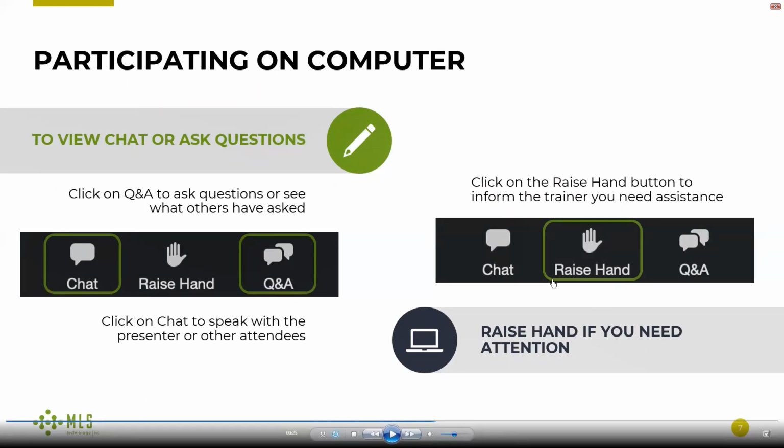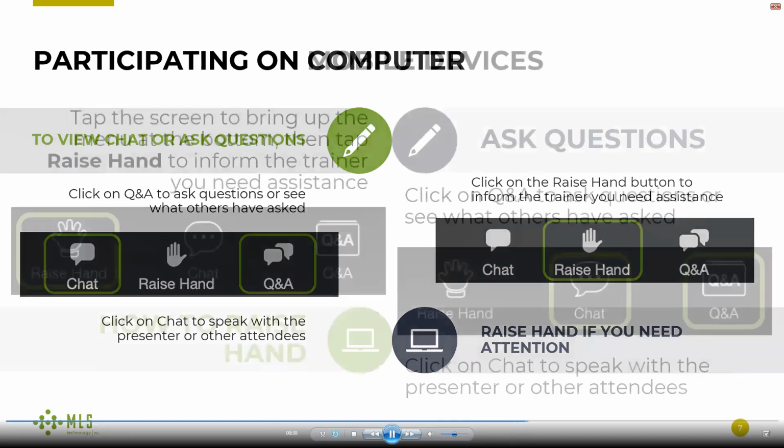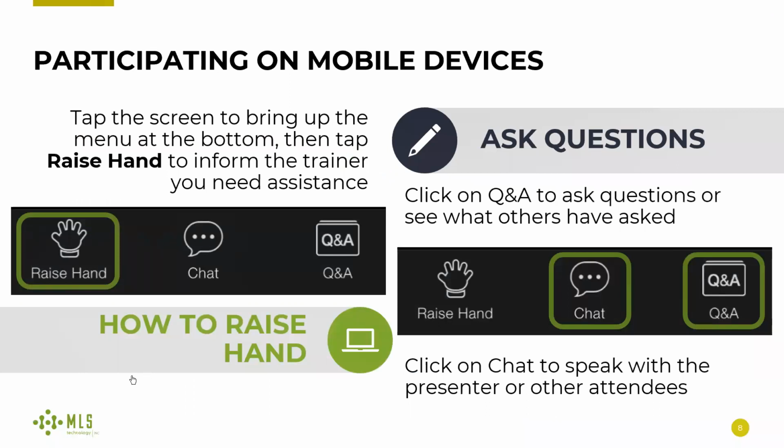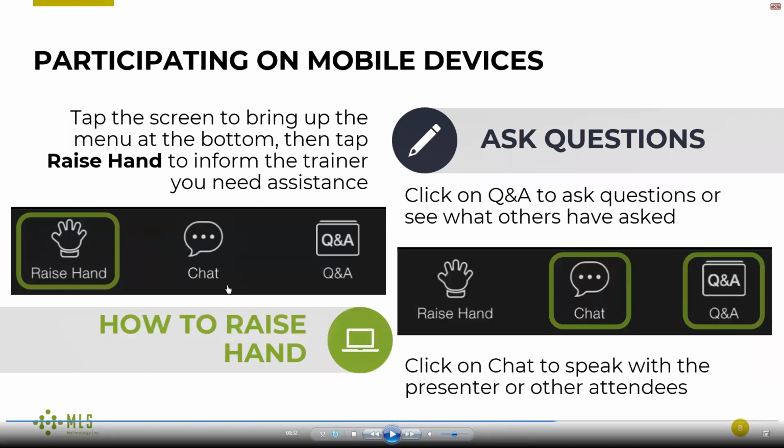Since this is a relatively short, tightly packed class, we might try to funnel as many of the questions into the Q&A, but I understand if you have a question that might not be very easy to explain or ask. And it's especially important if you're joining us on a mobile device. On a mobile device, those buttons won't appear at the bottom of your screen. You'll have to tap the screen and then they'll appear. You'll have the raise hand option again, and chat and Q&A are still down there as well.